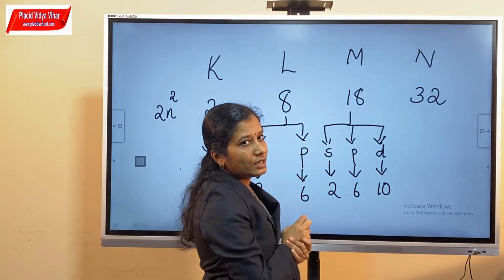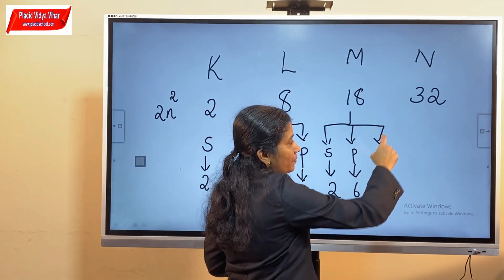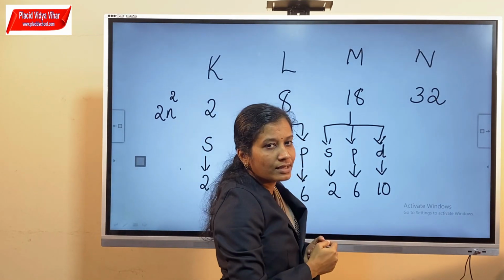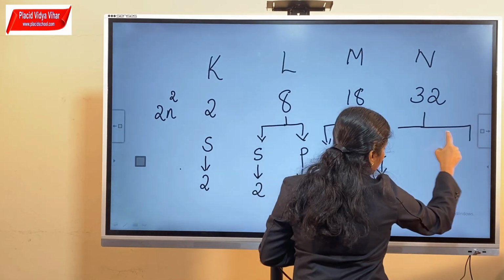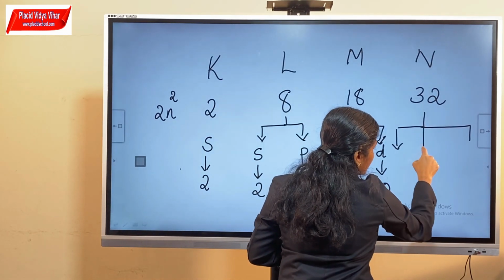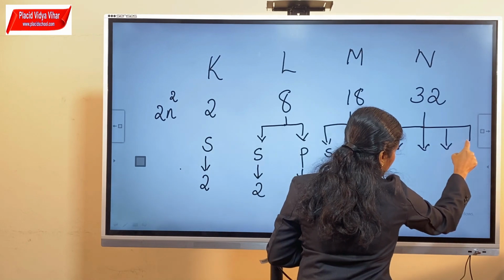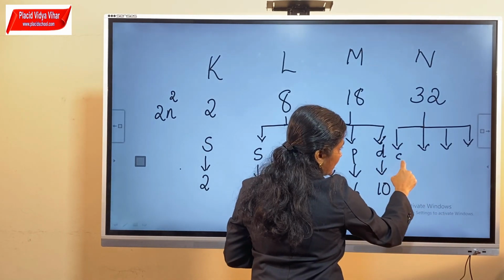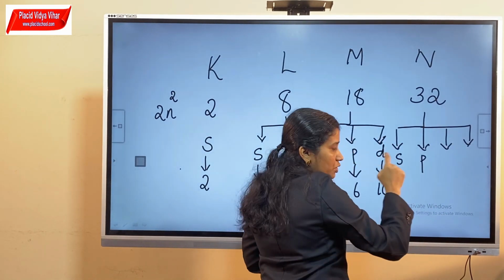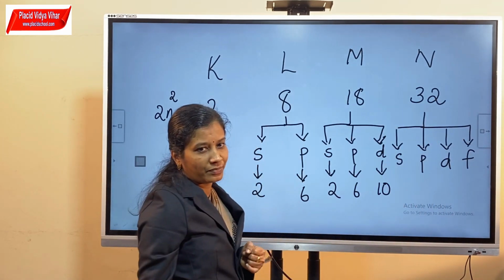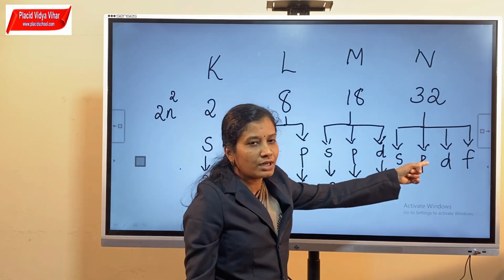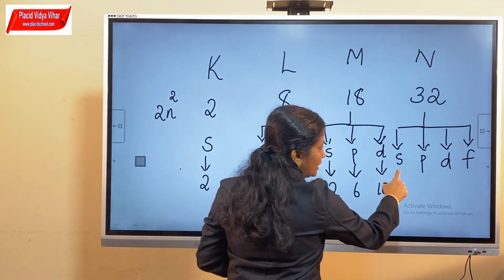Then the fourth shell, that is the N shell, the maximum number of electrons is 32. And since it is the fourth shell, how many subshells? Yes, 4 subshells. And what are they? S subshell, P subshell, D subshell and F subshell. Then what is the maximum number of electrons in S, P and D?